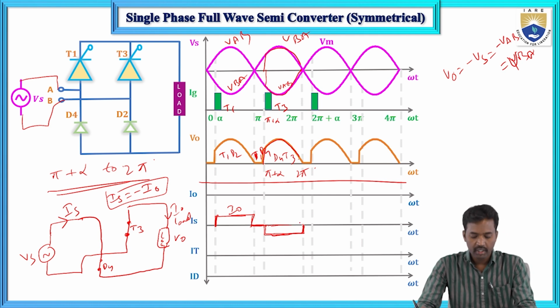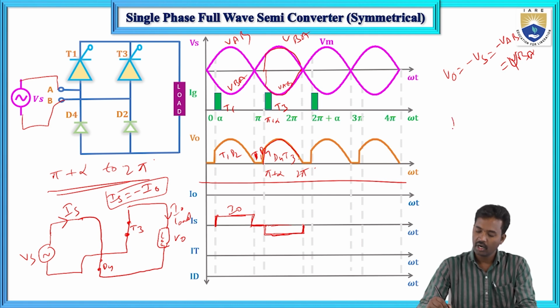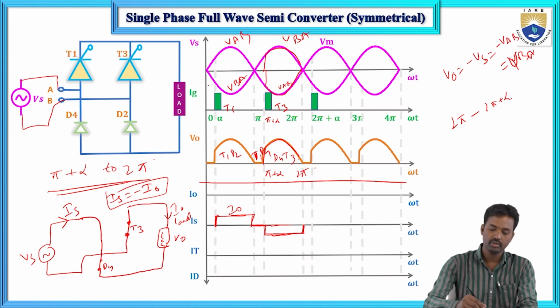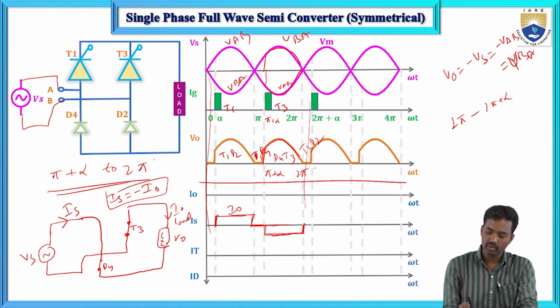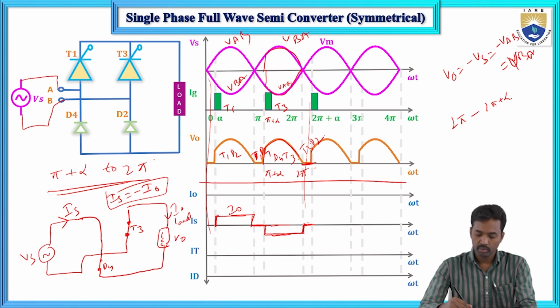So now again, from 2 pi to 2 pi plus alpha, during this duration T3 and D2 will conduct. During that period the output voltage is 0, and output voltage 0 means source current is 0.